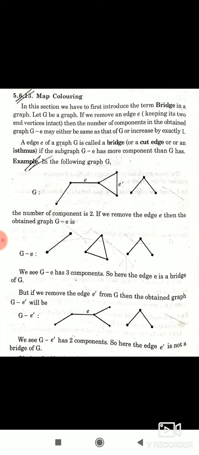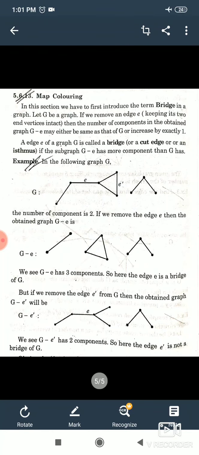If we remove an edge E, then the number of components in the obtained graph G minus E may either be the same as in the graph G or increase by exactly 1. An edge E of a graph G is called a bridge if the subgraph G minus E has more components than G.